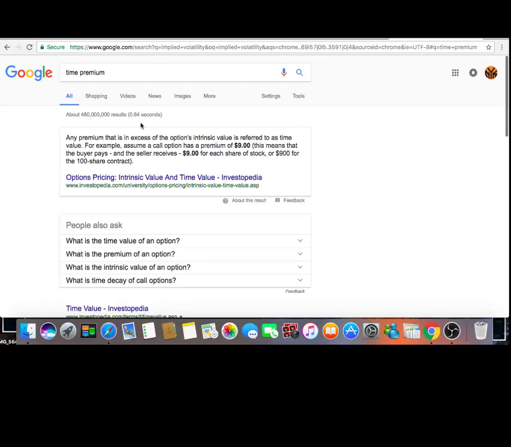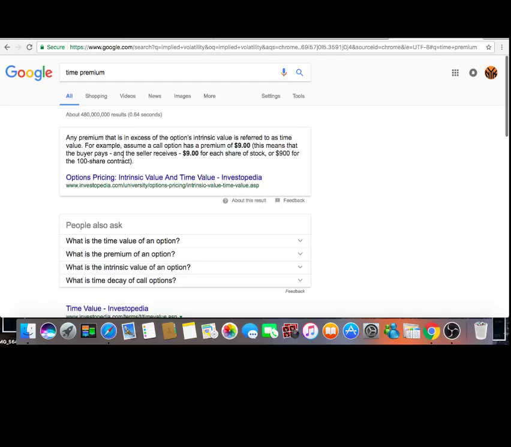So let's say you're buying an option for $9. Every option, call or put, it doesn't matter, is 100 shares. So if you're buying one call, that means you're actually buying 100 shares that you can either exercise or trade. Let me reread this sentence.